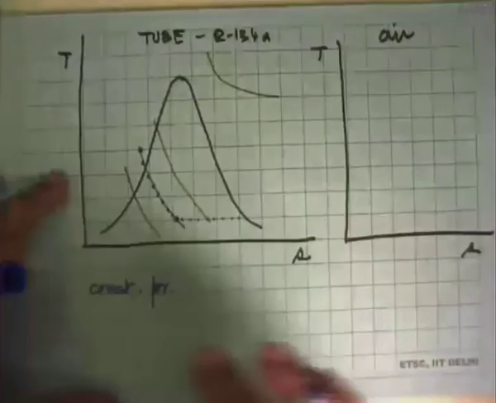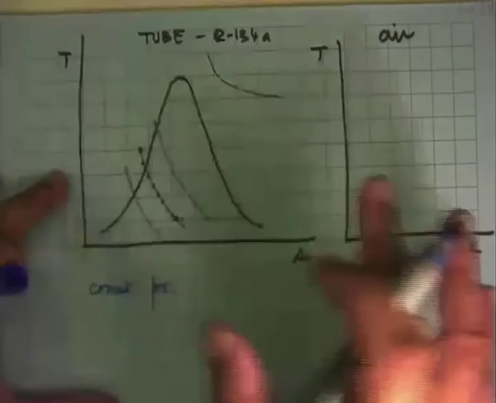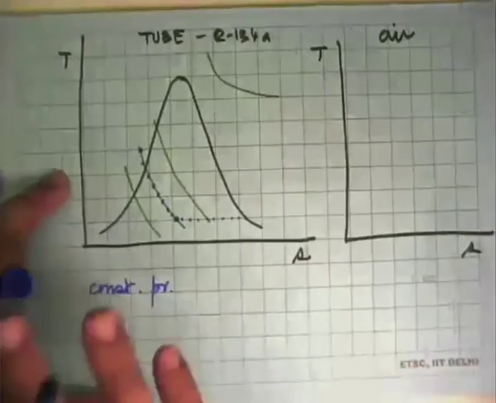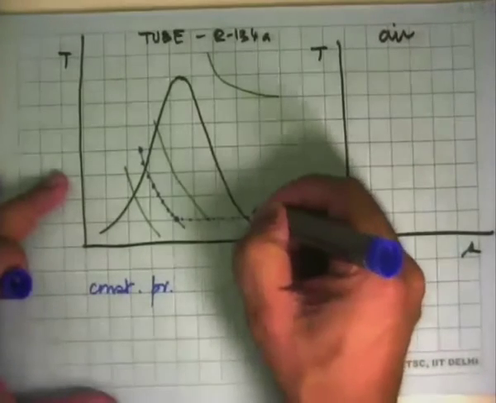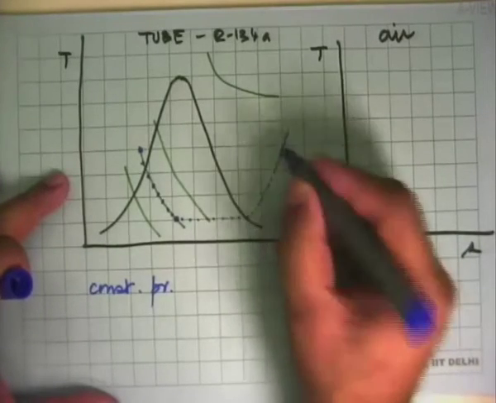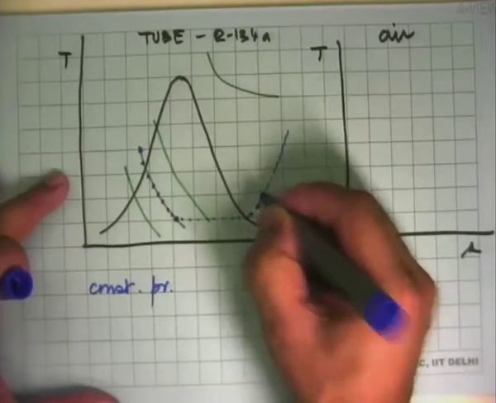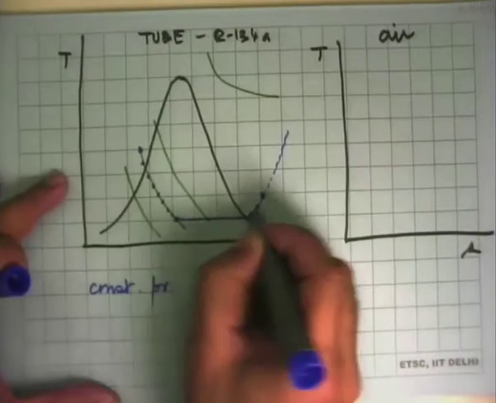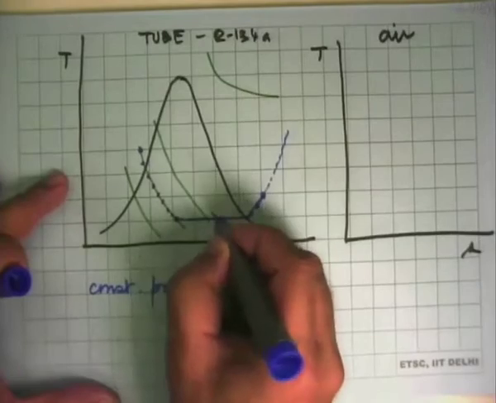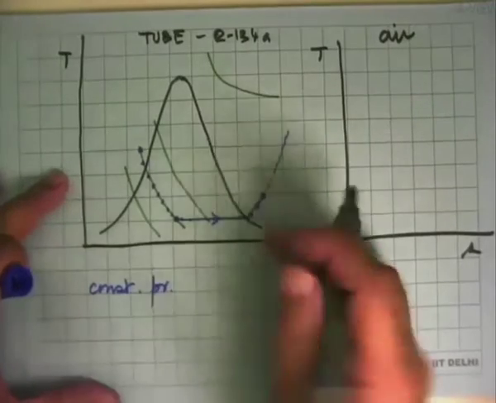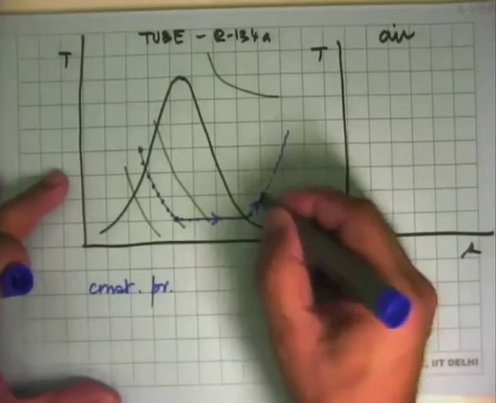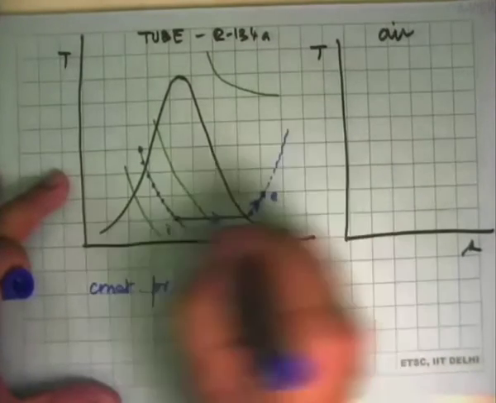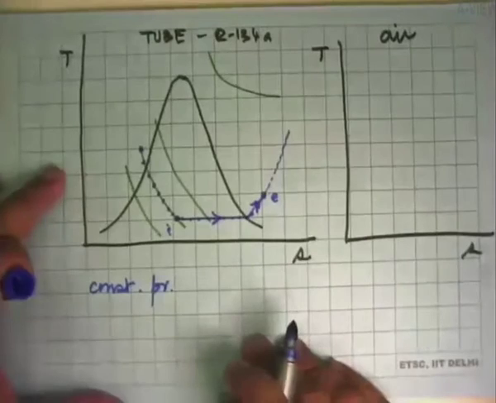So the best and the easiest assumption is that the process, on either the shell side or the tube side, is a constant pressure process. So in this case, it will follow the constant pressure line which is there. So it will follow this and say end up over there. So the process that happens in that evaporator is like this. And we assume that the process internally is reversible. That's why we are drawing this solid line. So this was the inlet state, this is the exit state, and that is the process on the evaporator.